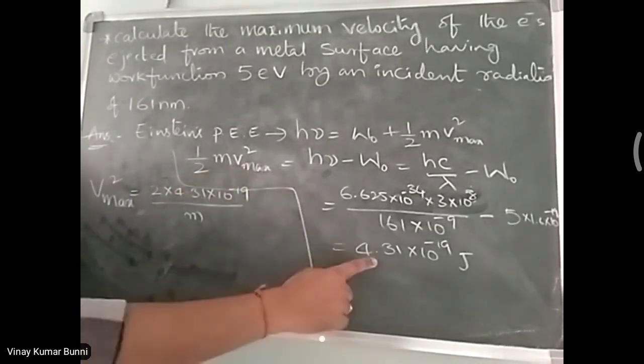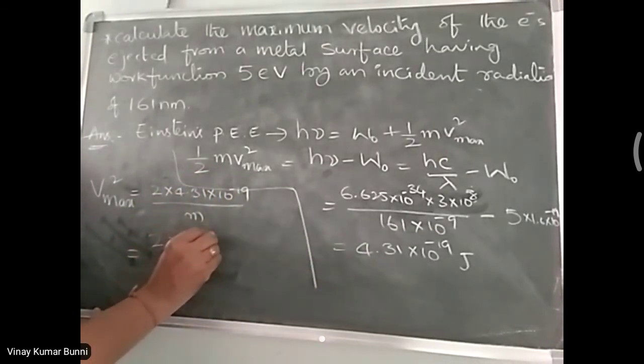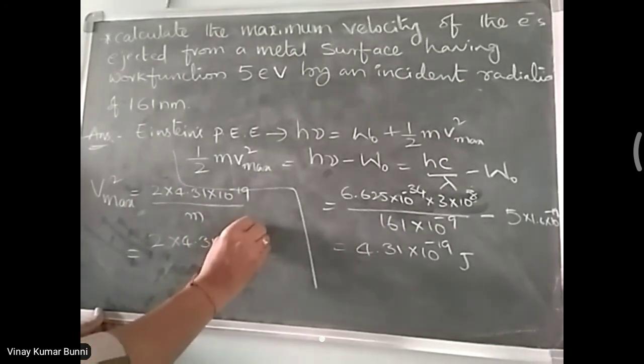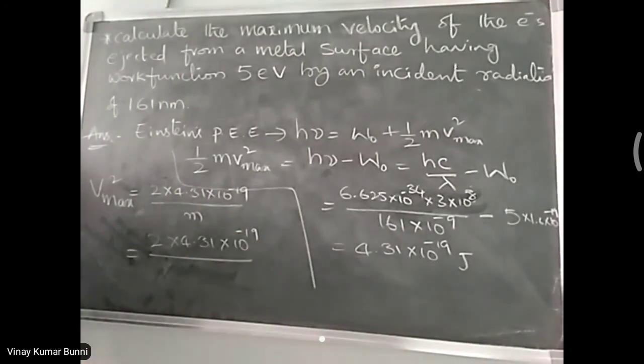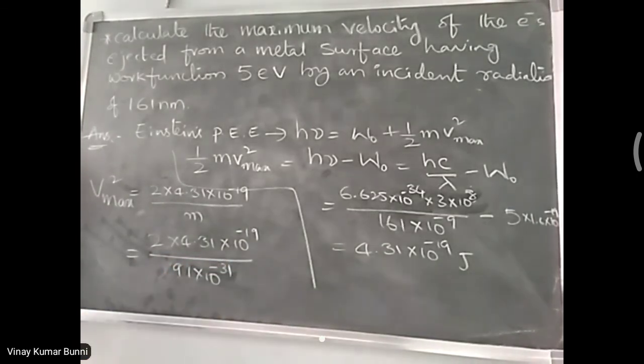Now what is m for the electrons? What is the value of mass of the electron? 9.1 into 10 power minus 31. So upon calculating the square root of this value, you will get Vmax.